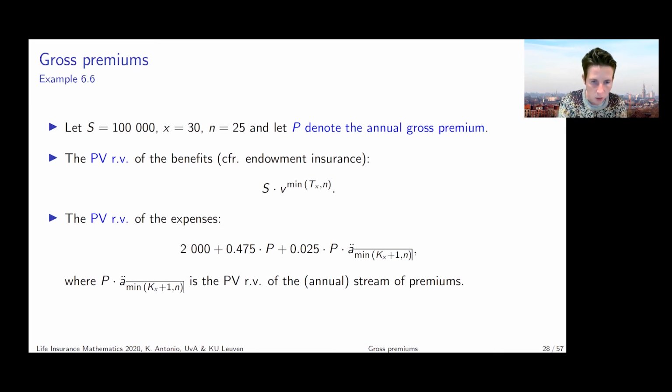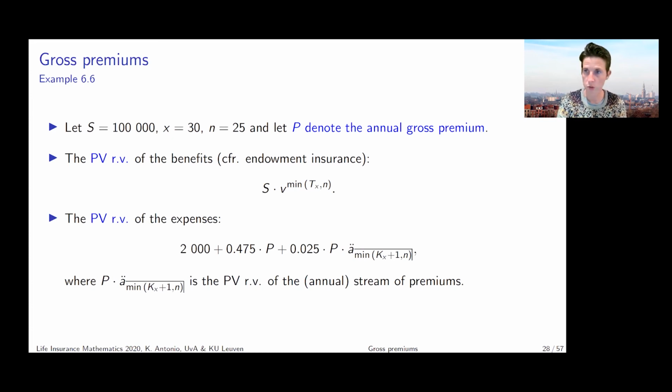So that's something you need to carefully look at. And again, technically there is nothing new here, but you need to think carefully on how to write down the present value random variable of the expenses. We got the 2,000 euro, which was a fixed initial cost, right? So that was something to be paid at time 0.